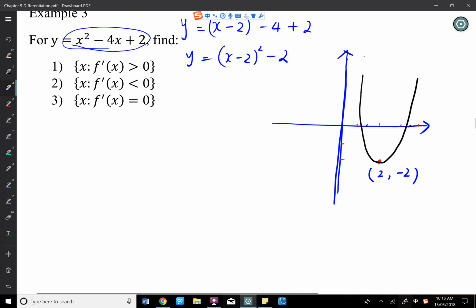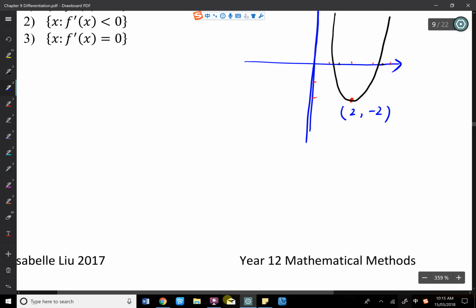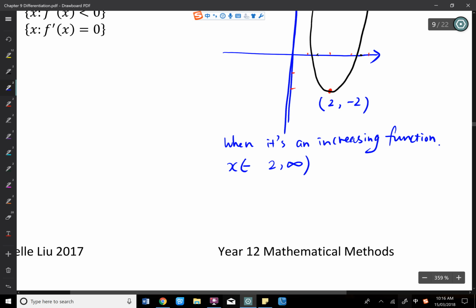Okay, my question now is, when is it an increasing function? Like x belongs to what for an increasing function? 2 to infinity? What kind of bracket will we have? Well, this must be a round bracket at infinity. But my question is, do we include 2 or do we exclude 2?